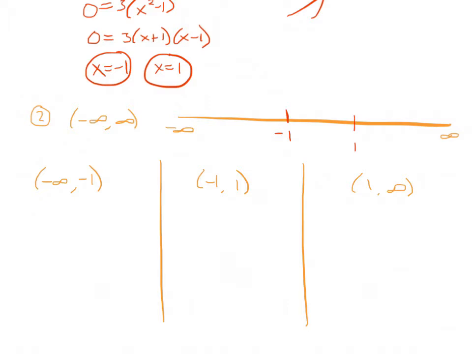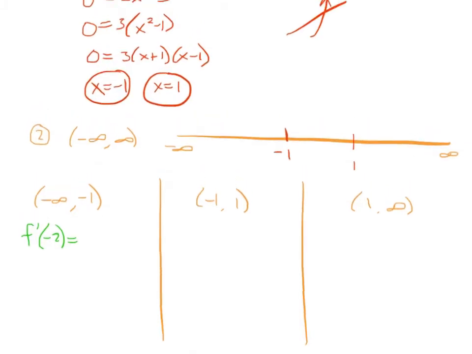What that means is we take a number from each interval. You can't choose either one of these endpoints; you've got to choose something in between. So for instance here, I'm going to do f prime of negative 2. I've mentioned before, it's often nice to plug into the factored version of this thing.